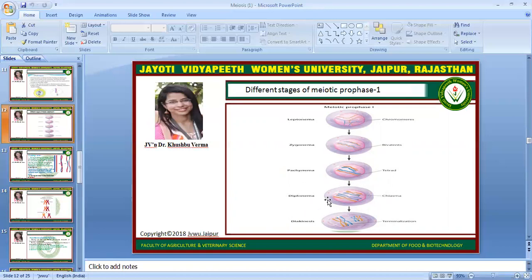In diplotene, synapsis will be deformed and 2 chromosomes will move apart from each other. And last is diakinesis, where chiasmata will be more visible, but chiasmata start to form in the diplotene stage.